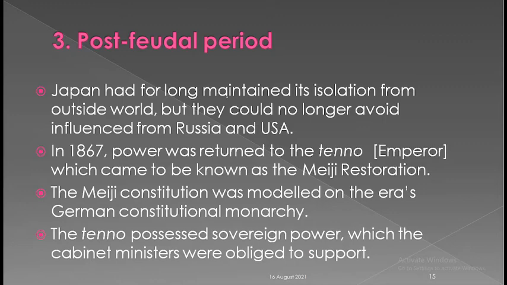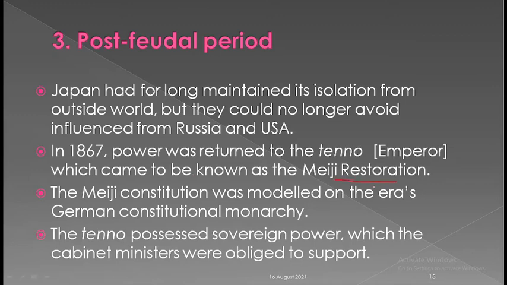Now, Japan had for long maintained its isolation from the outside world. They did not have any relationship with the outside world for a very, very long time. But they could no longer avoid the influence from Russia and the USA. In 1867, as we had just discussed, power was returned to the emperor, which came to be known as the Meiji Restoration.